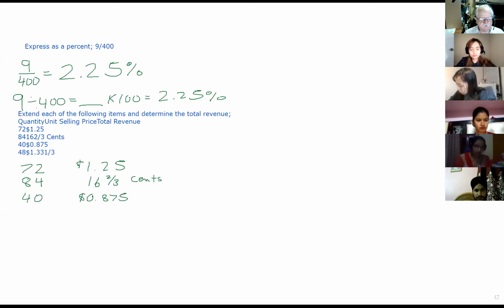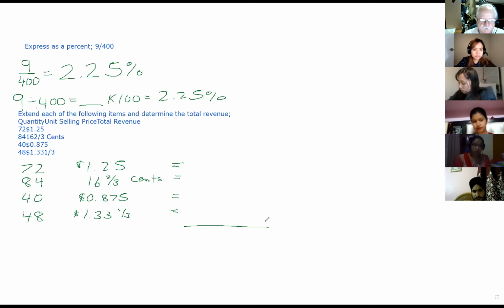These are dollars. And 48 at 133 and 1/3. So let's figure out what each of these equals, and then we'll add them up.